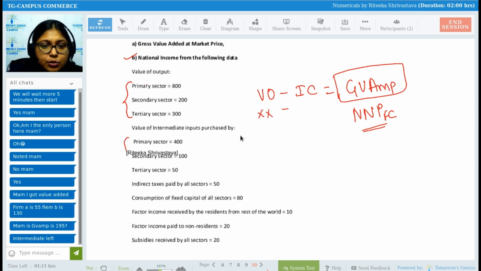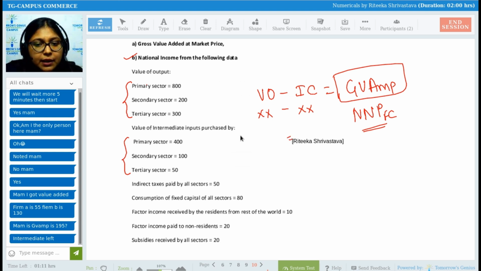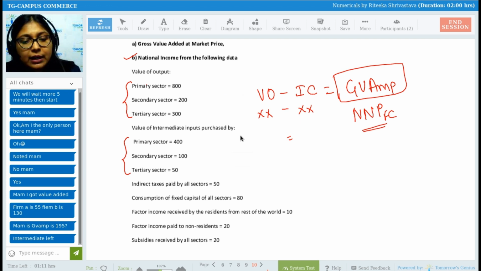Same way for intermediate consumption, you will calculate all the sectors, primary, secondary and tertiary, write the value over here, and then find out GVAMP. Got it? Try doing it. I'll be back in just 2 minutes. Till then, try to do it.